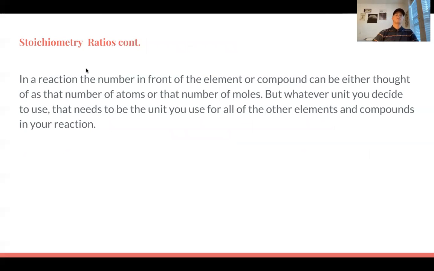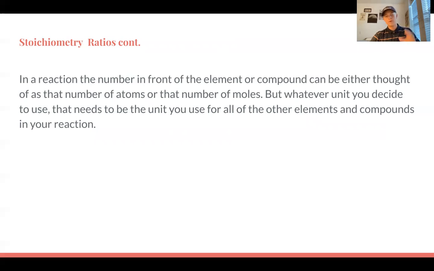Okay, and here's a little bit more, just to make sure the point's getting hit home and that there are no blurry parts that I missed. In a reaction, the number in front of the element or compound can be thought of as a number of atoms or a number of moles. Remember how I said everything is made up of atoms? Well, that's true, but atoms are what make up moles.